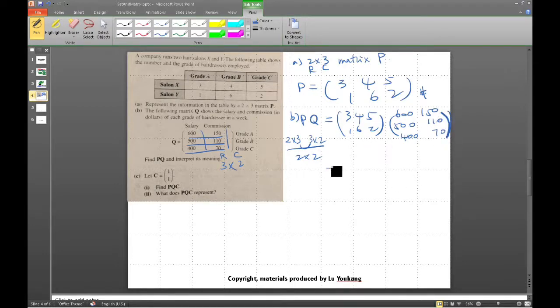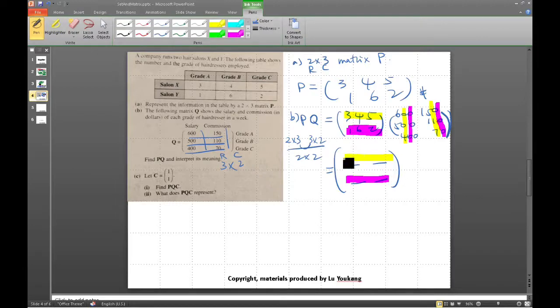Once again 2 times 2, so you have 4 terms, 2 in the first row, 2 in the second row. As you can see, I highlight in the diagram which row and which column will give you which term.